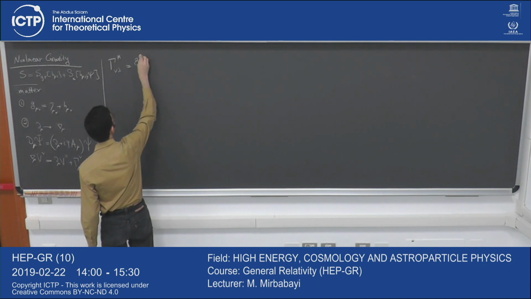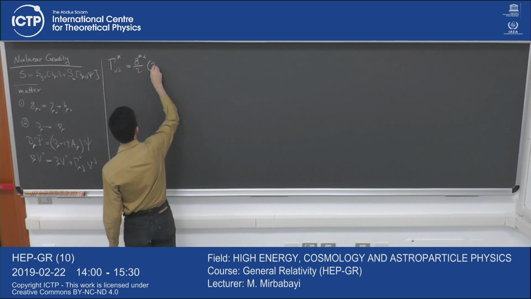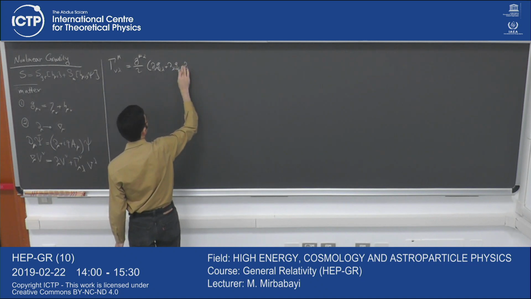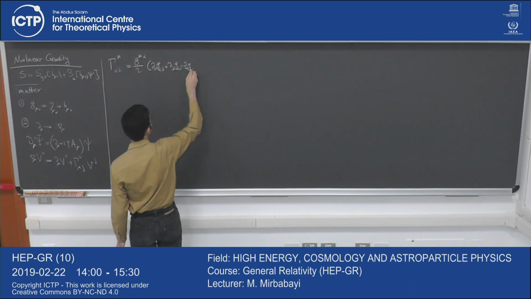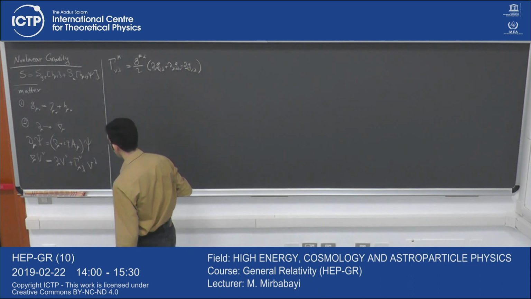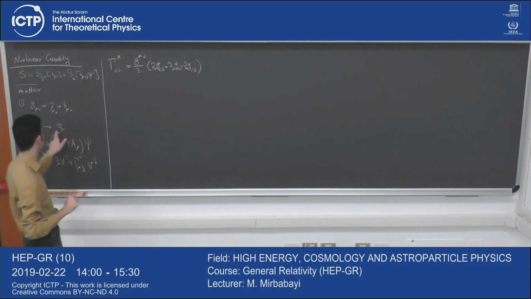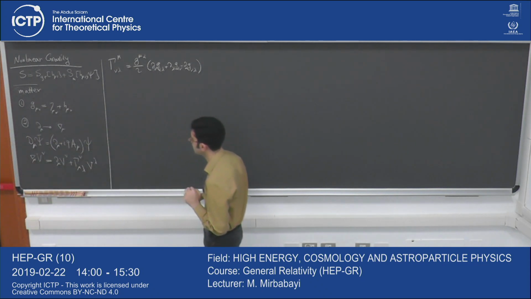I don't even need to write it out: d mu g alpha lambda plus d lambda g alpha nu minus d alpha g mu lambda. Okay, so this was rule number 2. Replace normal derivatives with covariant derivatives.